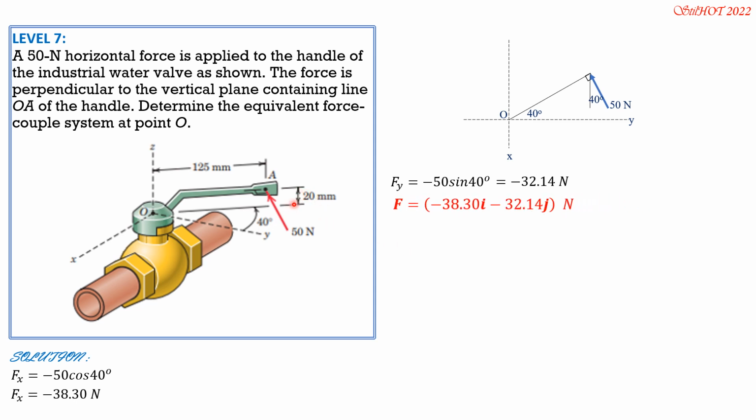because it is 20 mm above the XY plane, this force here. By the way, in vector form, F is negative 38.3 I, negative 32.14 J. Again, MOX is Fy in that sense, same sense as positive moment about OX, because if this is your right thumb, the four fingers will have this curling.